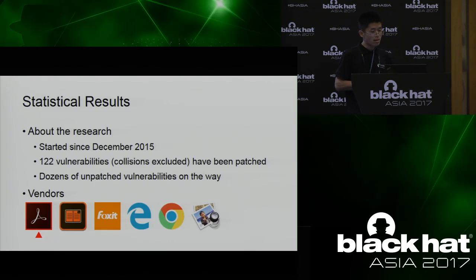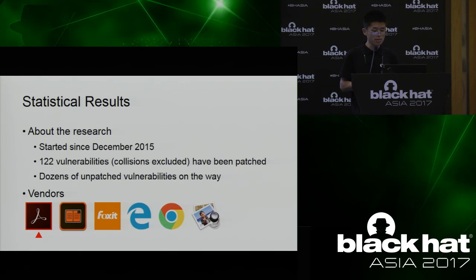My research started in December 2015, and during the research, I reported more than 100 vulnerabilities to Windows, and 122 of them have been patched. And there are some unpatched ones on the way.